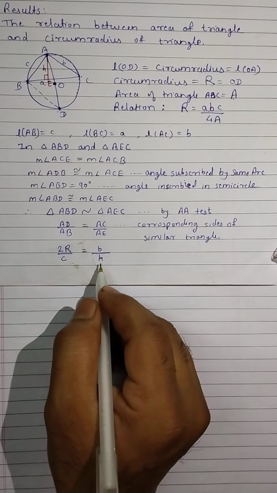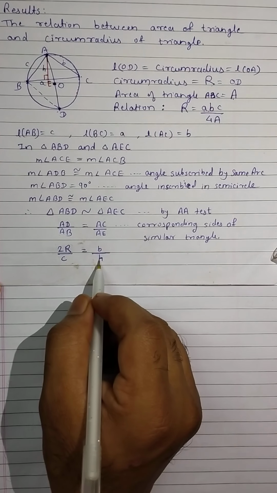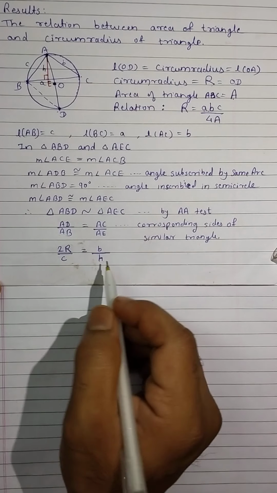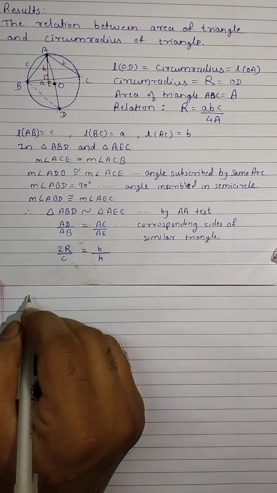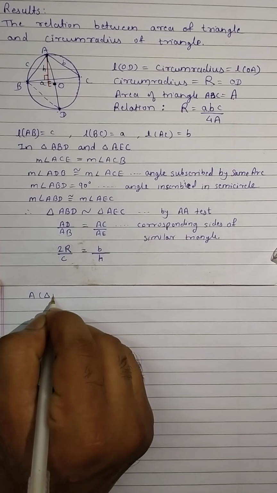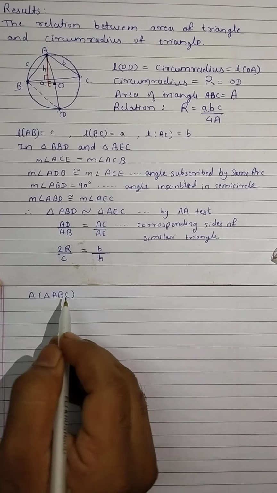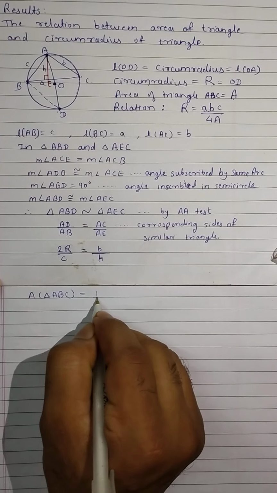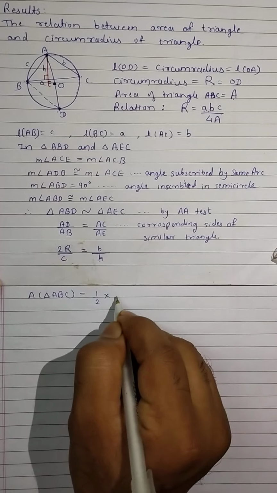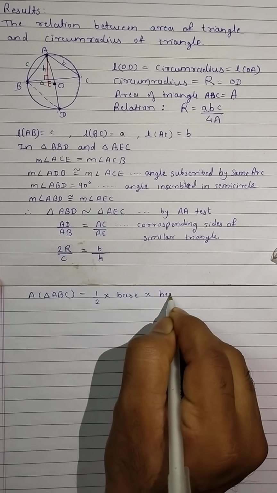Now we need to find out this value of h, as h is considered as the height of triangle ABC. So we will use area of triangle ABC. This is the notation for area of triangle ABC. We know that it is half into base into height.